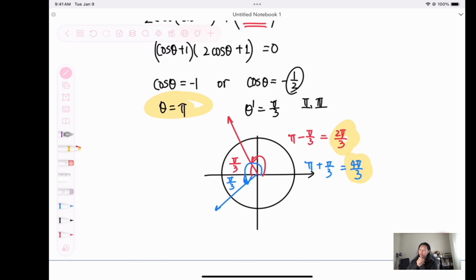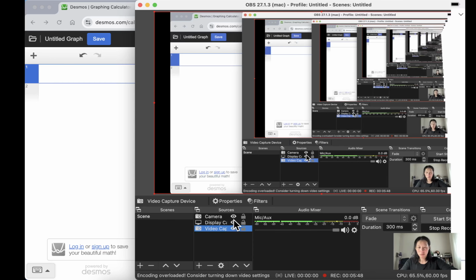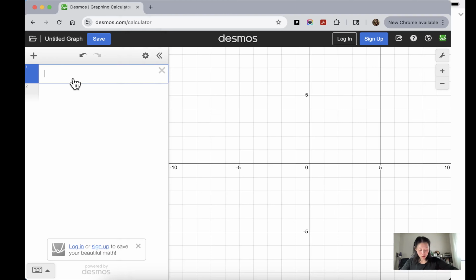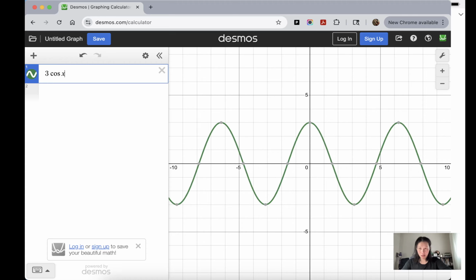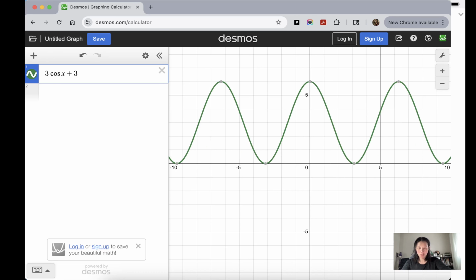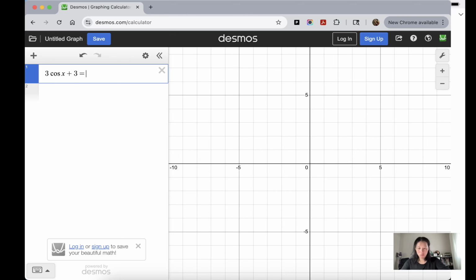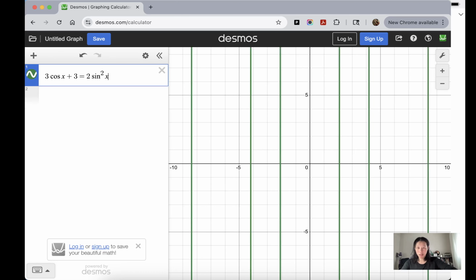Now I'm going to teach you another way to do this question, which is checking our answer with decimals. How do we do that? Let me open up the graphing tool and type in our function. Our function is 3 cosine x plus 3 equals 2 sine square x.